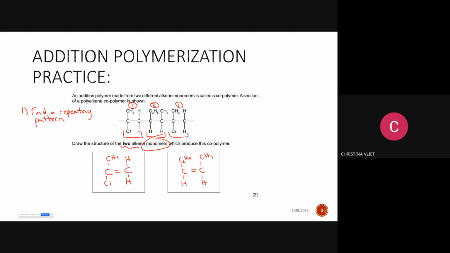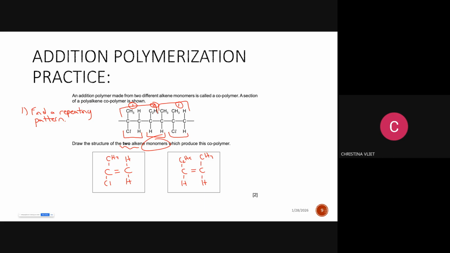Why didn't you break that into sections of 3 carbons? So this right here doesn't repeat here. Like if you map it out, it's CH3Cl, then CHH. And then here, it's not that same pattern. You have to find the repeating pattern. If you break it off into blocks of 3, those are not repeating.